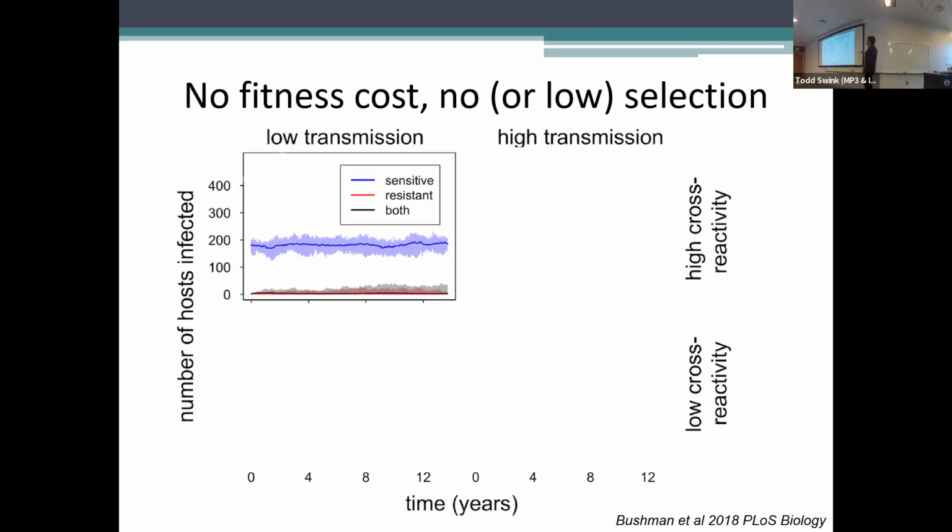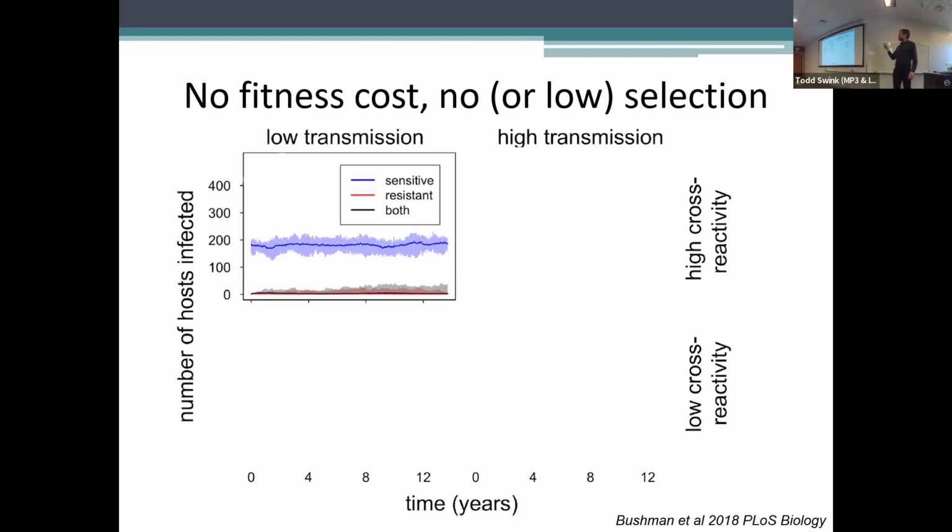So, okay, a low transmission area, where we see this is the number of infected individuals over time. We get this over 12 years, so it's a lot of simulation. In blue is the sensitive parasite. We introduce the resistant parasite in red. You can see, this variation is based on the different runs, but it's hardly making it in there.